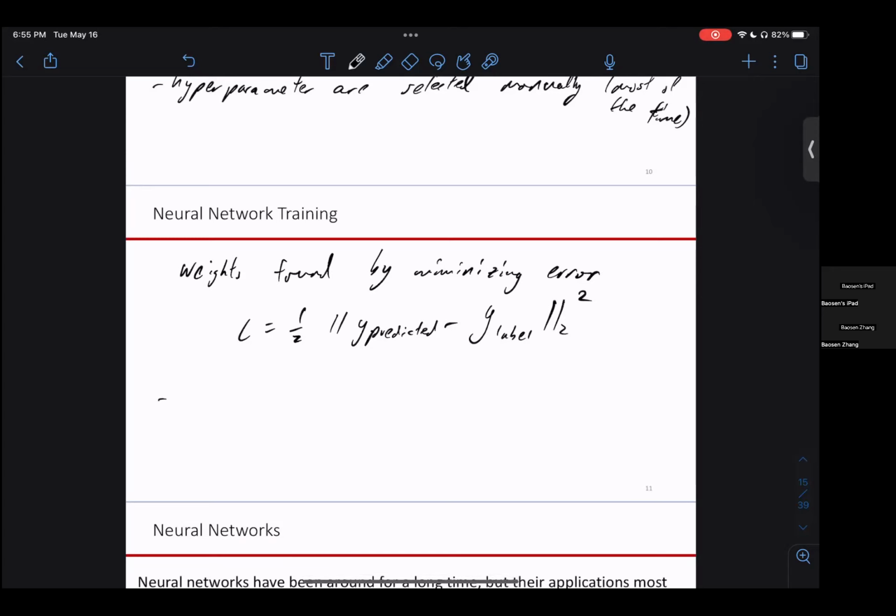And the algorithm is a clever way of doing derivatives. You want to find the derivative of this loss function with respect to the weights. And the algorithm is basically how do I find this derivative?